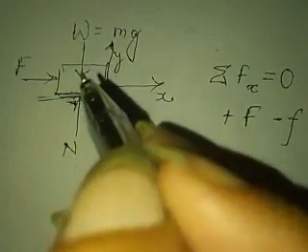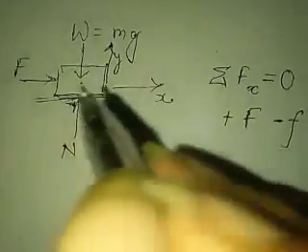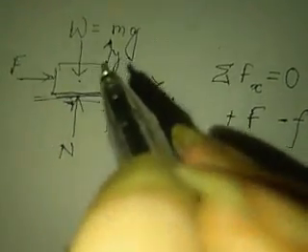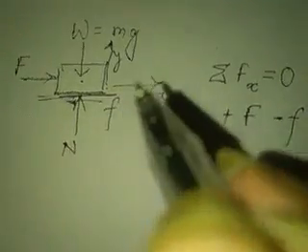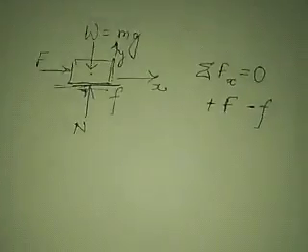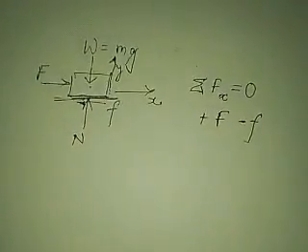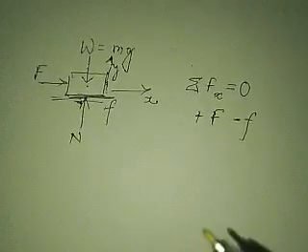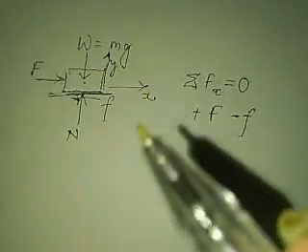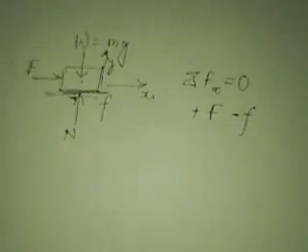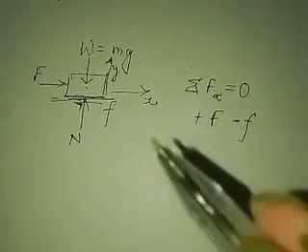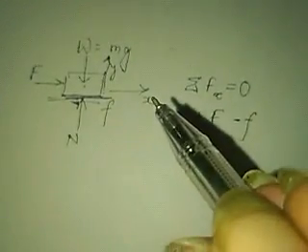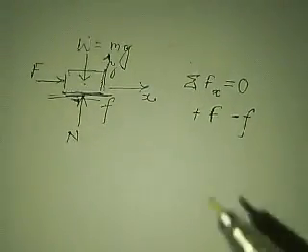The components of W and N are 0 in the x direction, because they act at right angle to the x, and the component will be cos of that angle, and this is a 90-degree angle, so cos of 90 is 0. That's why you don't get a component of W along the direction of x.